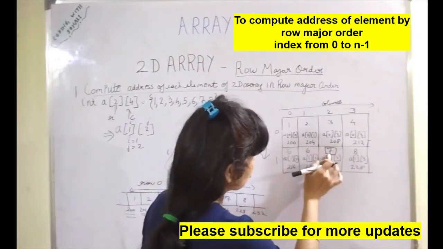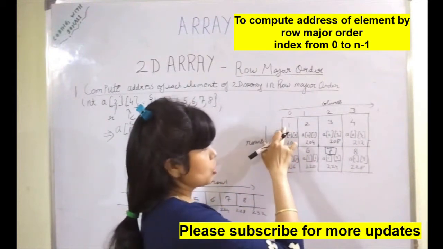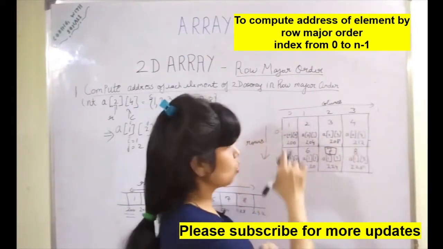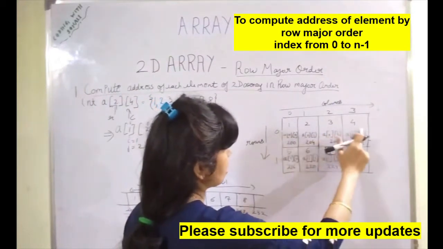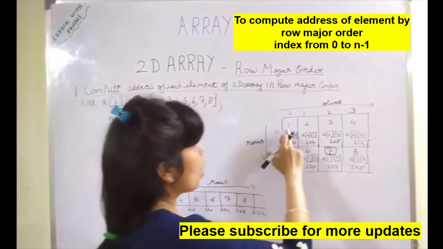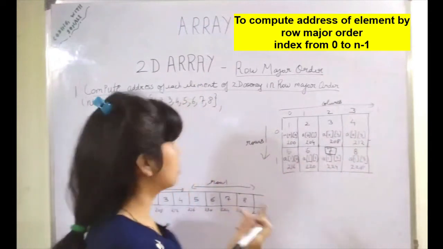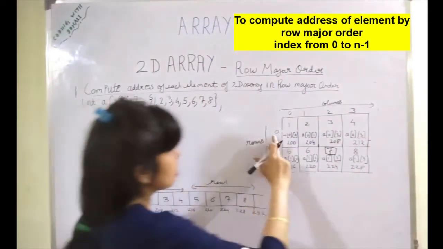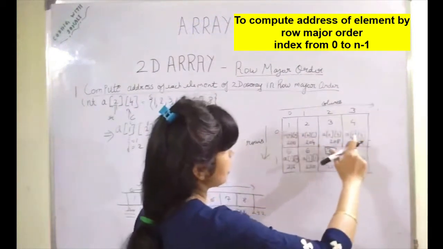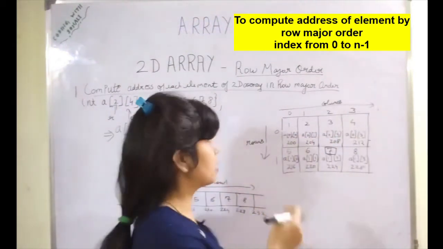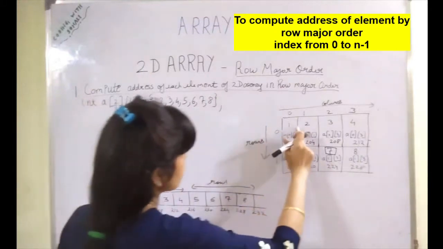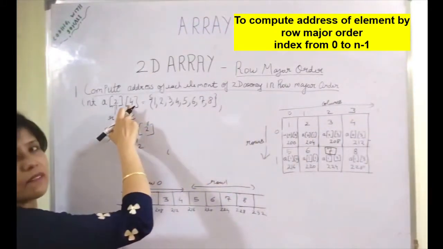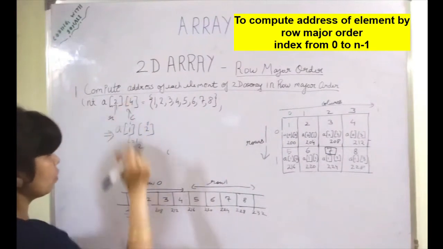Now to reach the 7, if you are at this position and have calculated that you have to cross one row, this one row has a total of 4 elements in it, right? How will you get these 4 elements? The 4 elements are the number of columns present. So this one row has as many elements as the columns, which is determined by this value, that is 4, the number of columns.